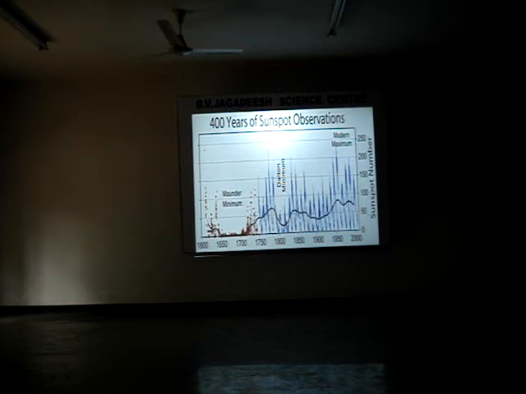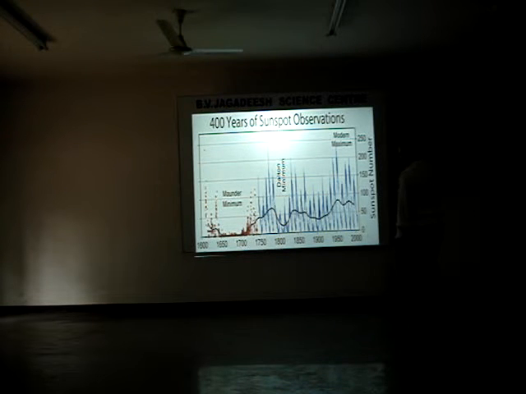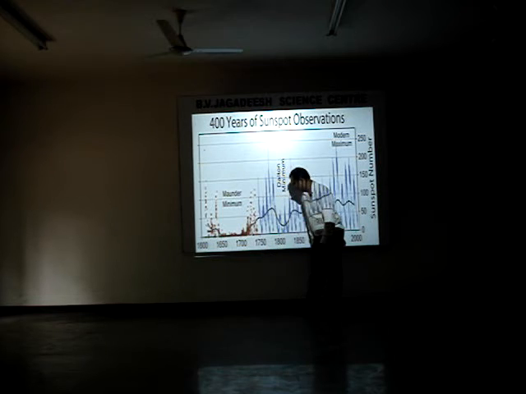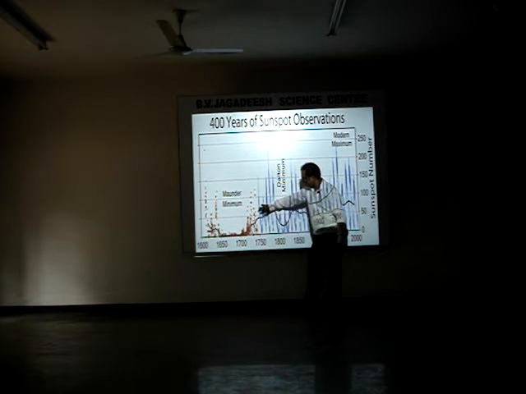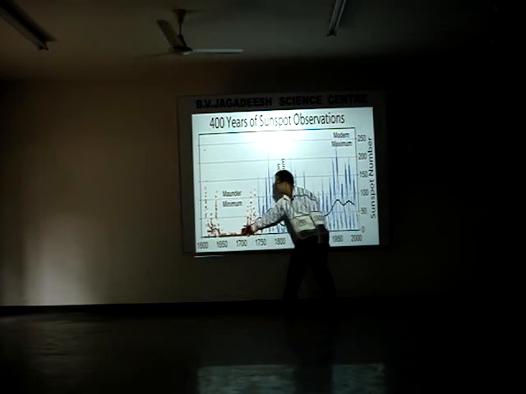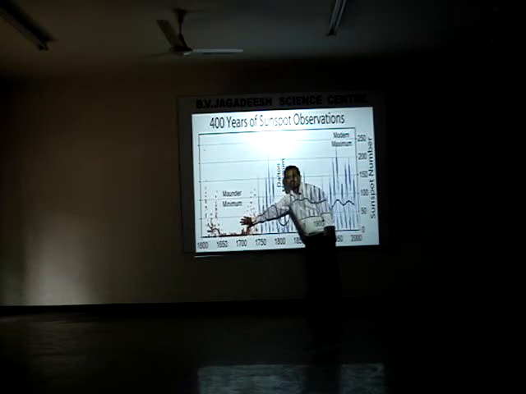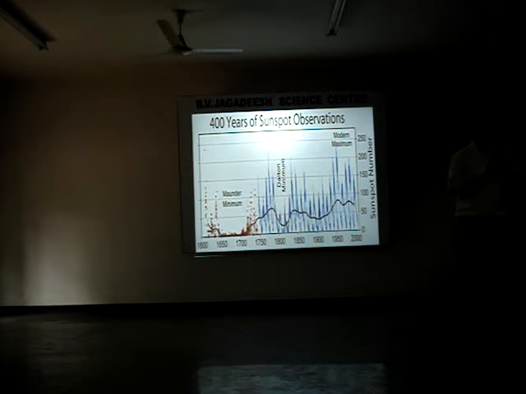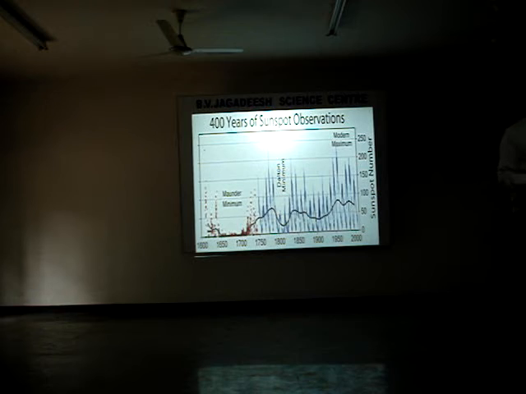And there are certain times when there are absolutely no sunspots. For example, if you look at this, from 1600 to almost 1700, there were minimal or absolutely no sunspots. This region, we call an ice age region. I don't know whether it is related to sunspots or not.